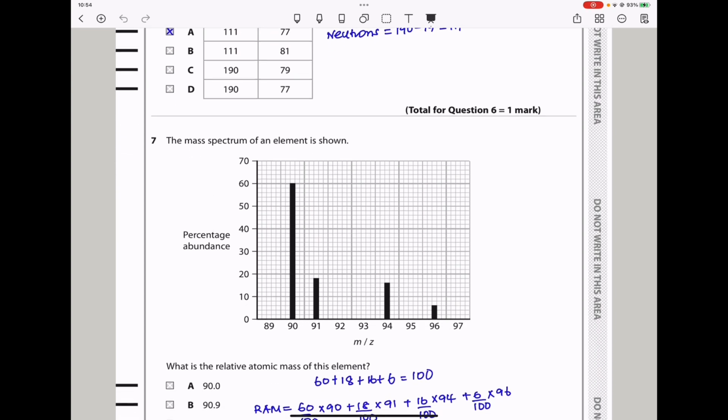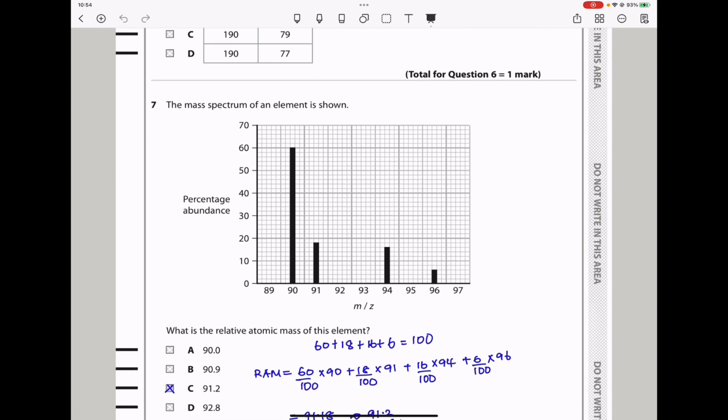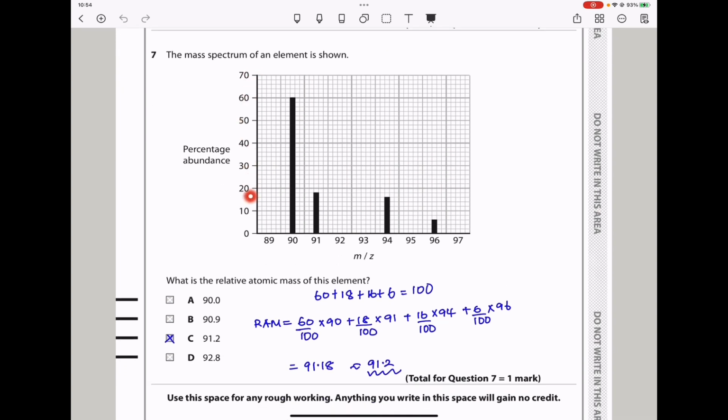In question 7, the mass spectrum of an element is shown. We have percentage abundance on the vertical axis and the mass to charge ratio on the horizontal. They ask what is the relative atomic mass of this element. Now, I first added everything to find out if the total abundance is 100. So this is 60 plus 18 plus 16 plus 6, and I got 100. So I know the total is 100.